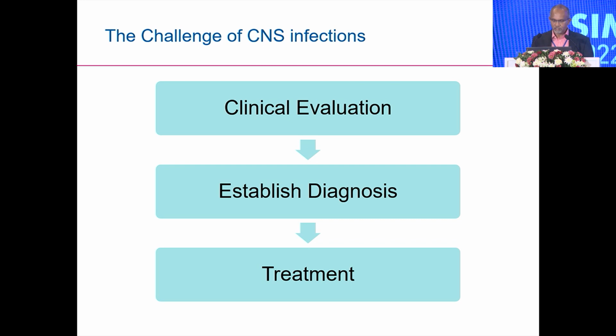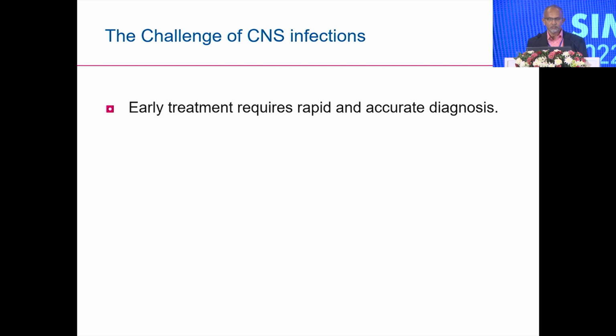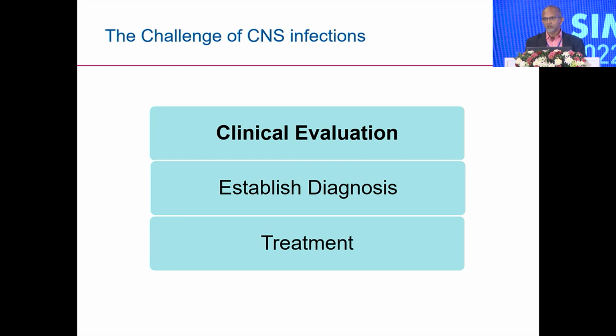We have to do all that together, to save time and save lives. So how do you do that? To start early and appropriate treatment, you need rapid and accurate diagnosis. So let's look at how we can do that.